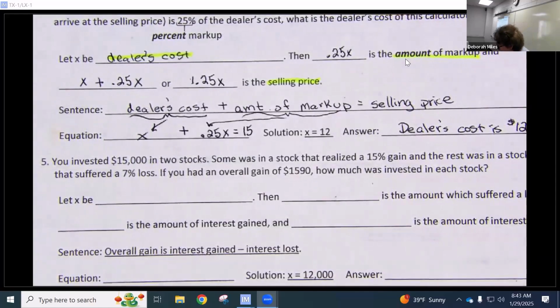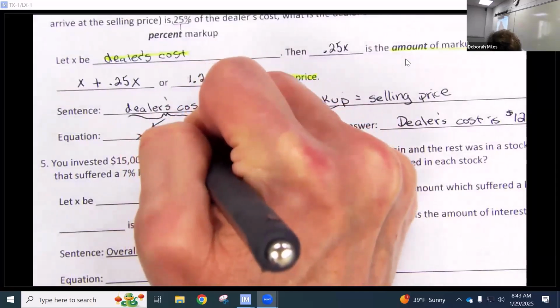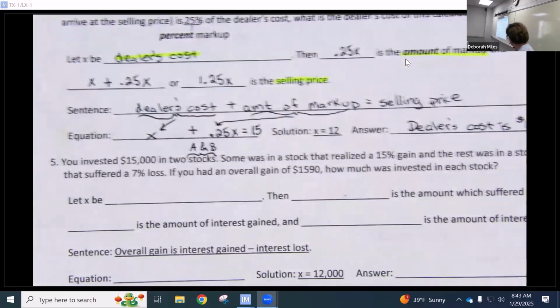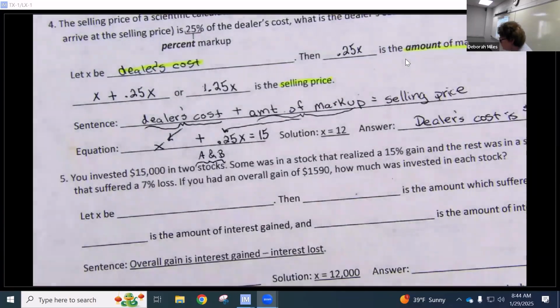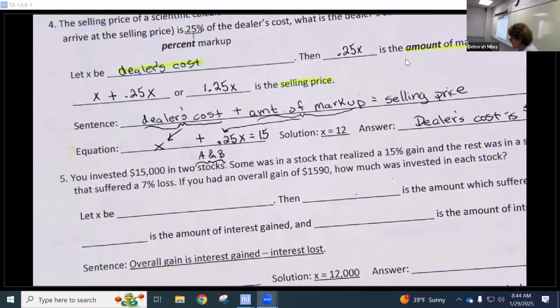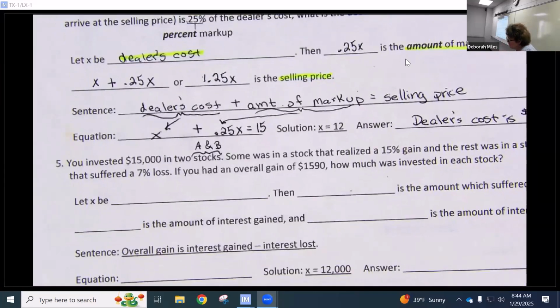We can call them A and B, if you want to, or anything you want to. The amount that I have in the first one is A, the amount I have in the second one is B, and they're not necessarily the same amount in both. So what do I let X be?